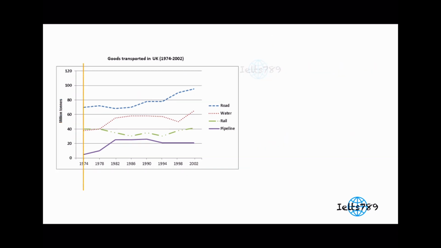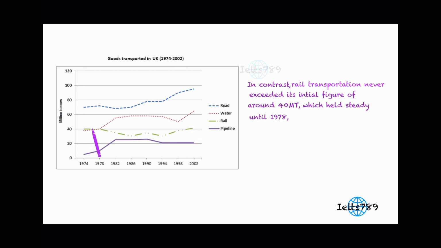Now we're ready to write our last paragraph. Follow the purple pen on the left as well as the paragraph on the right as they appear on the screen. In contrast, rail transportation never exceeded its initial figure of around 40 million tons, which held steady until 1978, followed by a decline marked by two fluctuations.